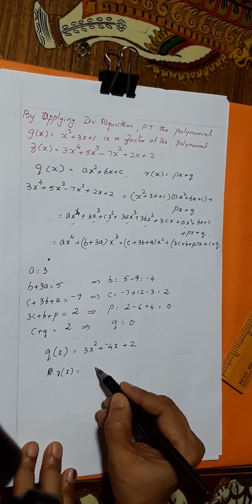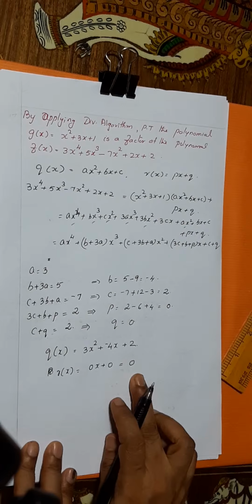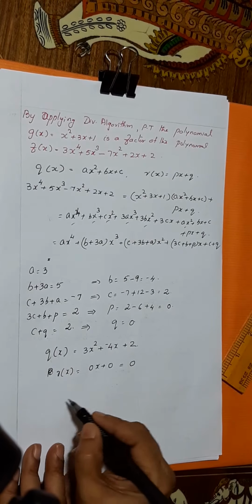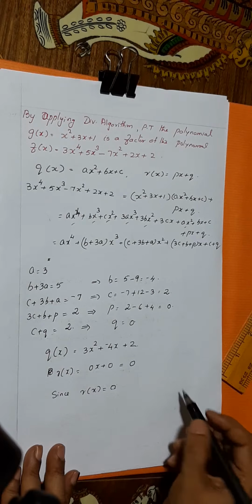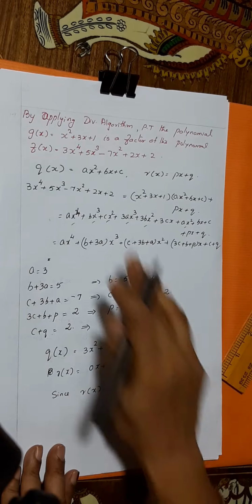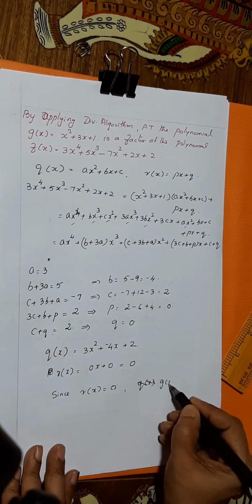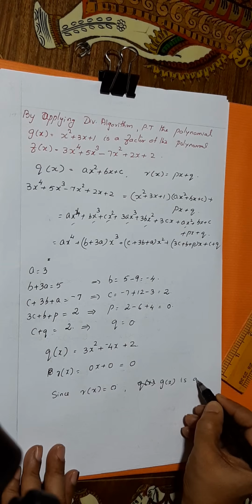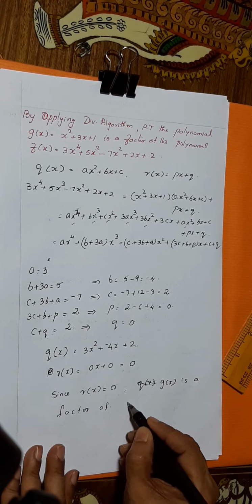So p is 0, 0x plus q is 0, so that is equal to 0. So you got the remainder as 0, since r of x is equal to 0, therefore this g of x is a factor of f of x, which is what we had to prove.